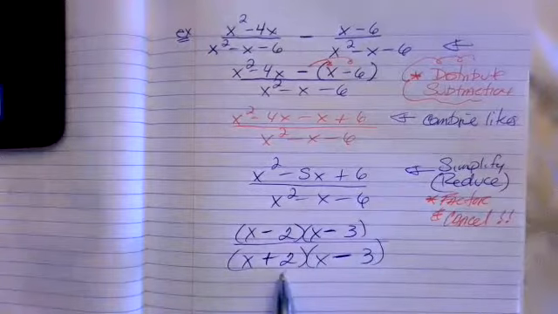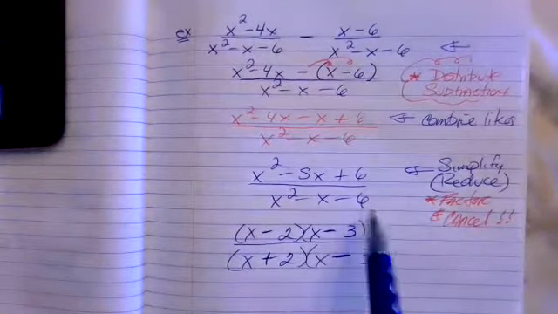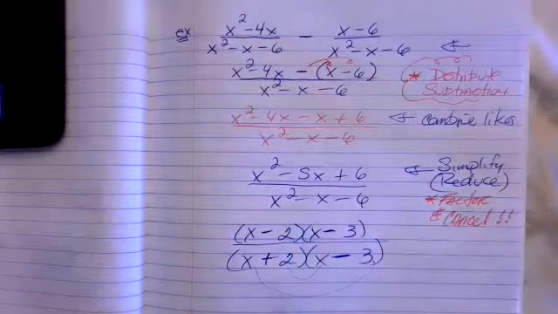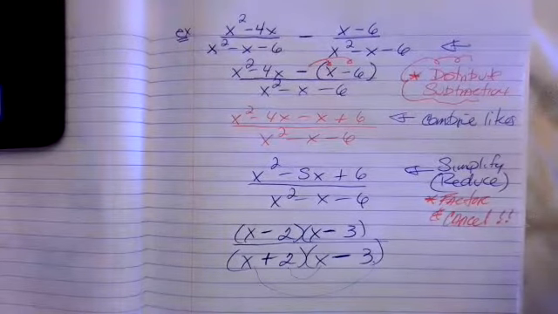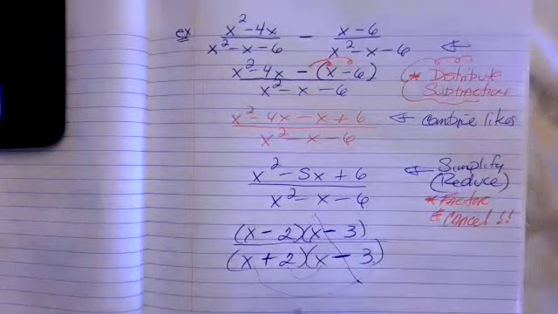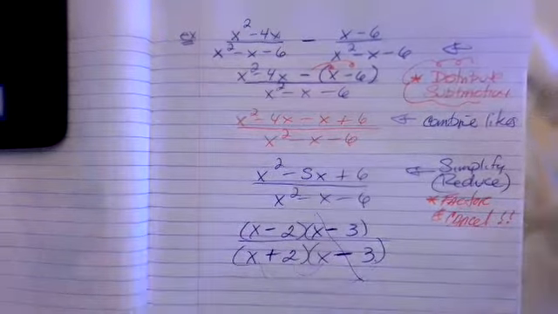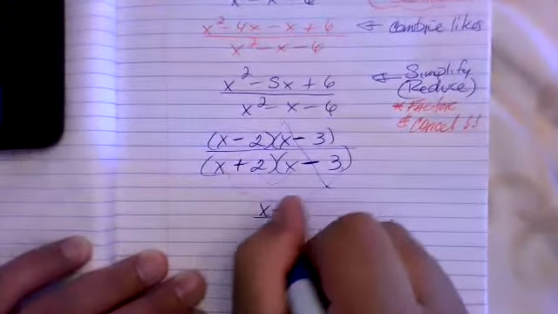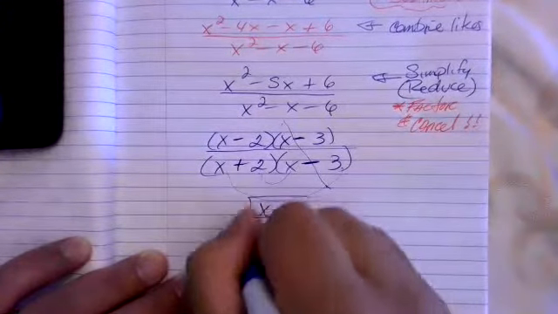Positive 2 and negative 3 give me my negative 6, and my inners and outers give me my b term of negative 1. Once I factor, I could cancel out my like factors. And my final answer in this case looks like it's going to be x minus 2 over x plus 2.